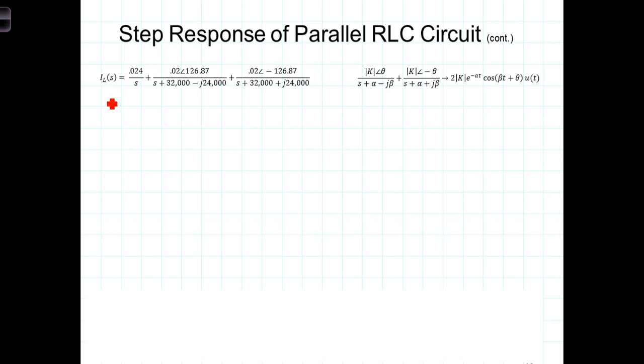And we note that we have this term here, 0.024 over s. Well, that just transforms back into the time domain as 0.024 u of t.